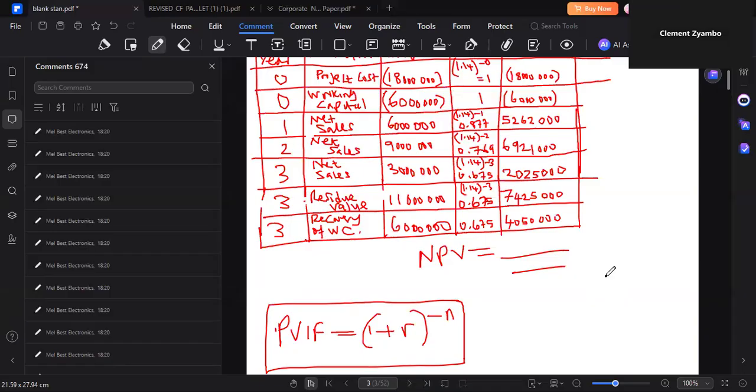Okay, then minus those cash outflows. So it's giving us 1,683,000. That is it, the NPV.